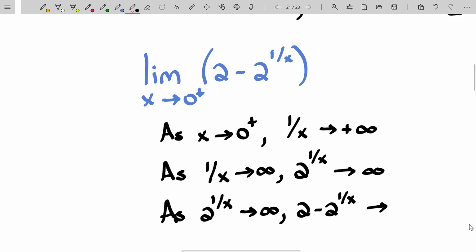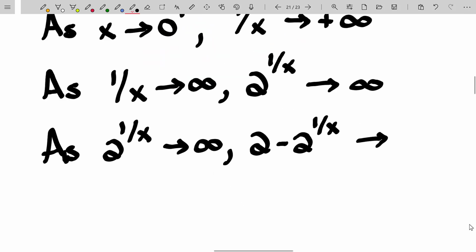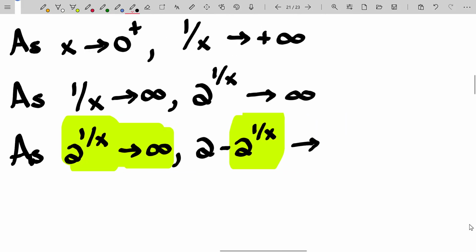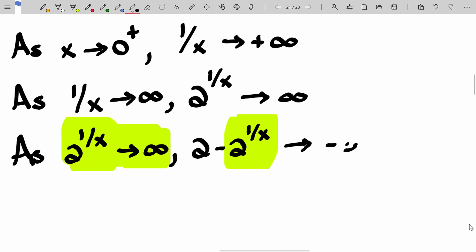So as 2 to the 1 over x approaches infinity, that'll be 2 minus basically infinity. Well, 2 minus infinity is negative infinity, right? You have the number 2, you're losing an infinite amount of values, so it is going to be negative infinity.